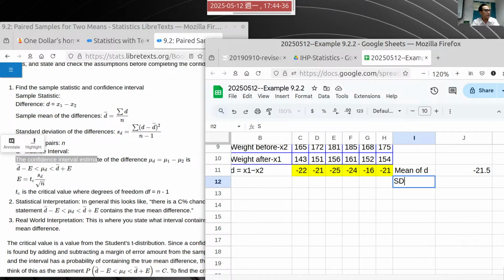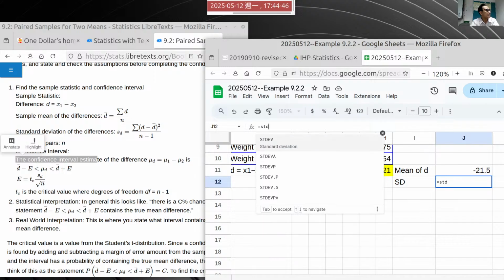Standard deviation, that is equal, click here, STDEV, and we select dot S. It means standard deviation from samples, and the denominator will become n minus 1.